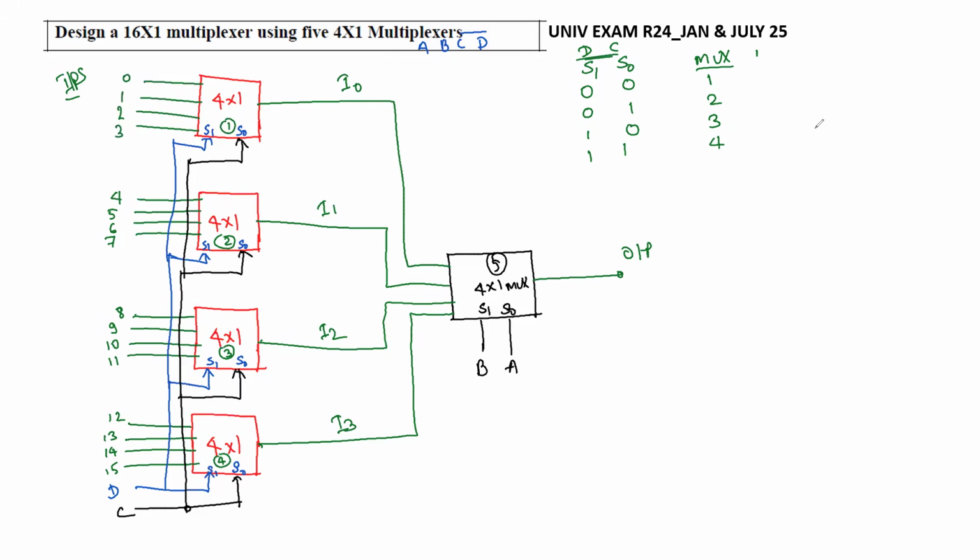Again, we have the combination of A and B. Here again, when it is 0, 0, multiplexer 1 will be available to multiplexer 5. 0, 1, multiplexer 2, 1, 0, multiplexer 3, 1, 1, multiplexer 4.